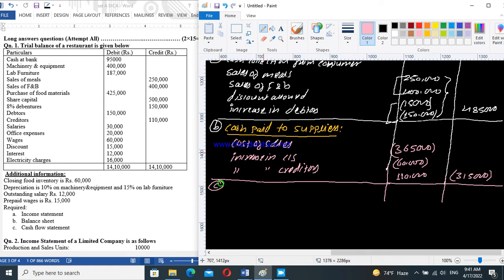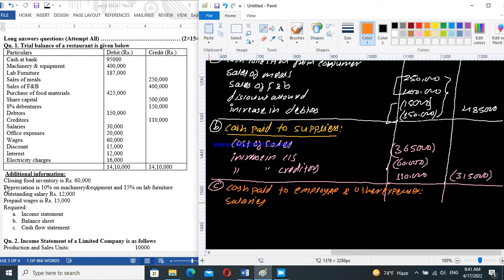C, cash paid to employees and other expenses, involving salaries.